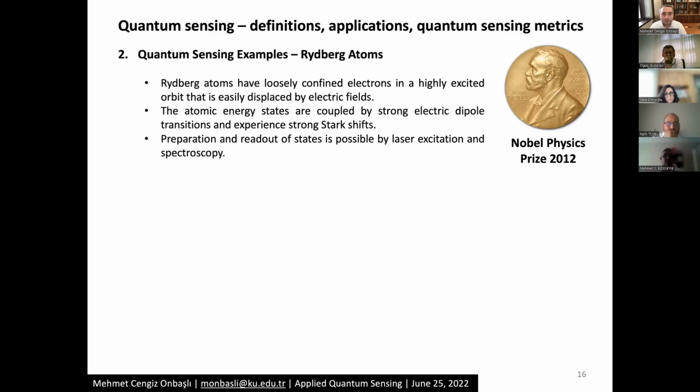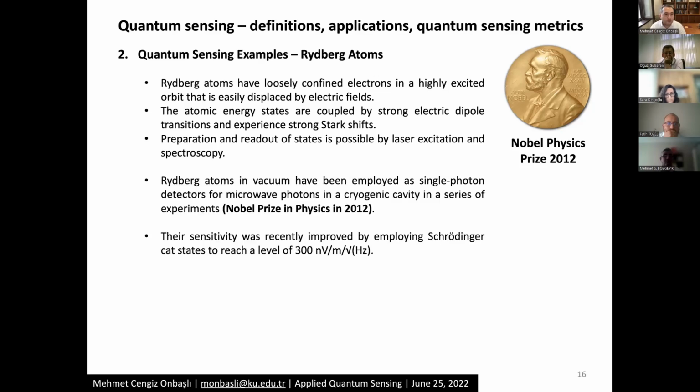And we prepare our quantum states, our initialization, by laser excitation, and then we again do an optical readout by sending another probe signal. So these atoms in vacuum have been used as single photon detectors for detecting microwave photons, because the energy splittings are small enough to detect weaker microwave photon energies in a cryogenic cavity.